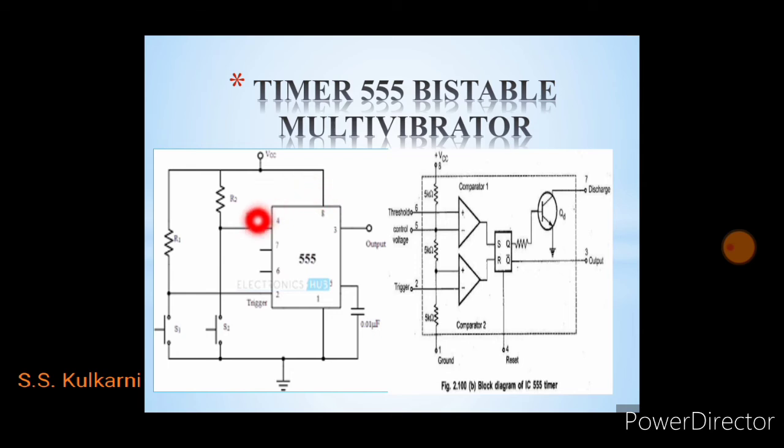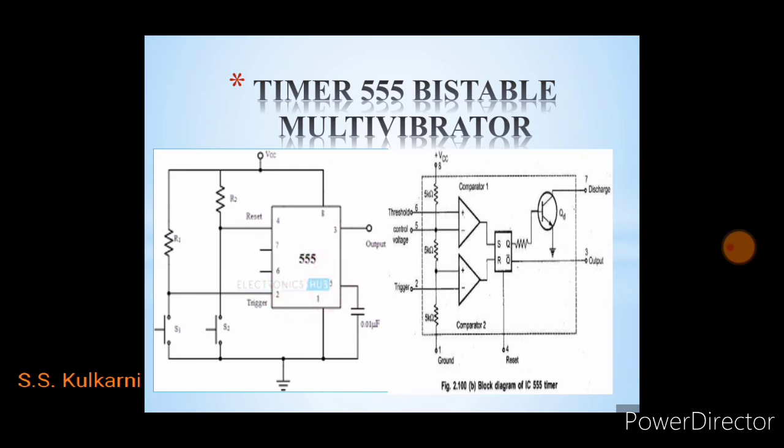That means in bistable multivibrator, external triggering is required, which can be fulfilled by using the switches. Bistable means a multivibrator has two stable states at its output, hence it is known as bistable multivibrator. It is also known as a flip-flop or latch.